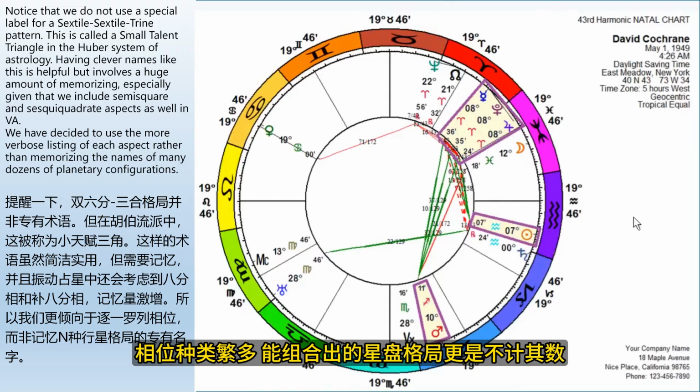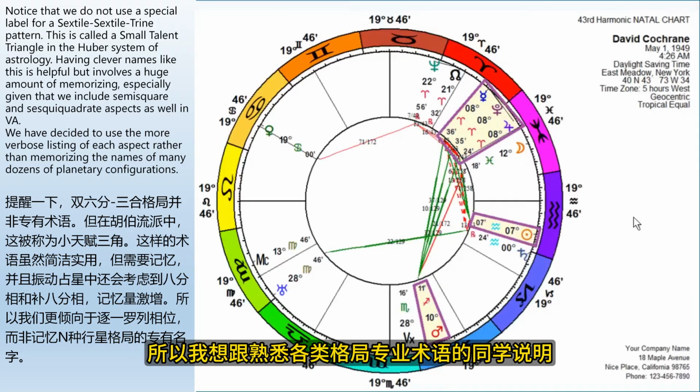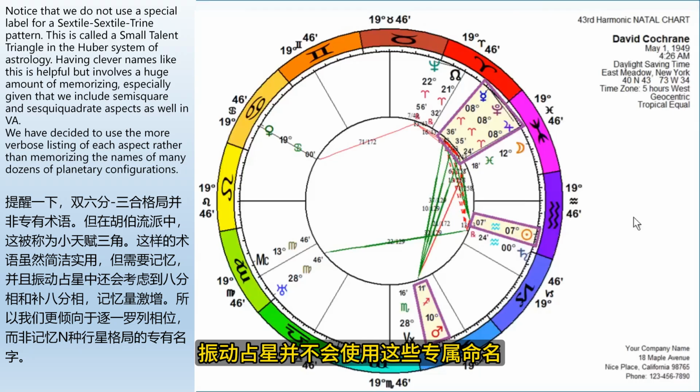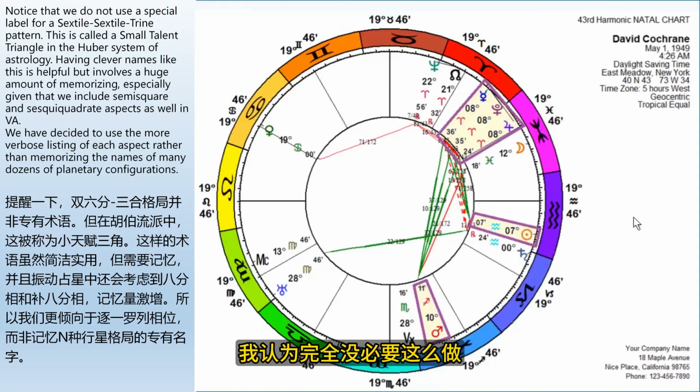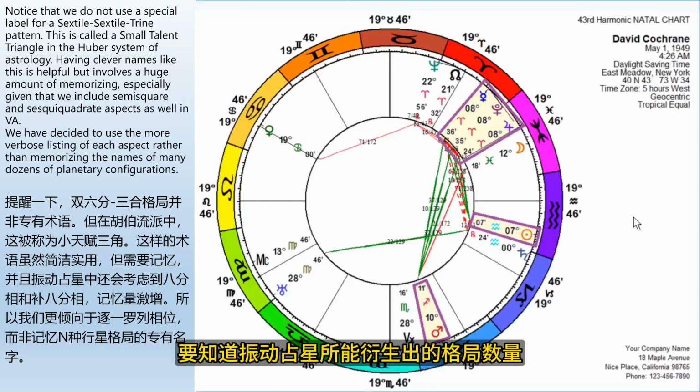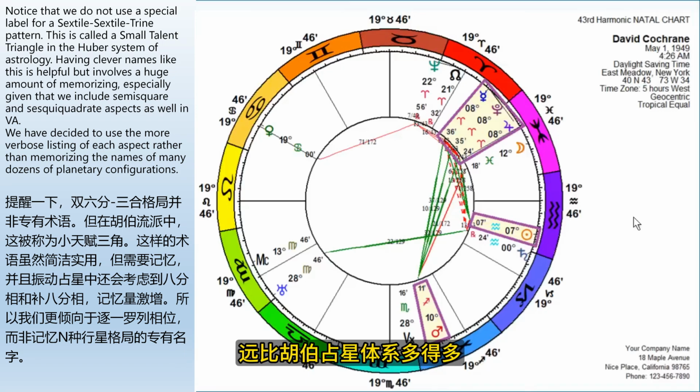So many aspects, so many possible configurations. So I just wanted to mention, for those of you who are familiar with all these different names of patterns, in VA we don't use them. There's a big trade-off here. Do you want to memorize all this stuff? And I'm saying, no, let's not do that. You'd have many more patterns using VA than you have in the Huber system, and the Huber system already has an enormous number.